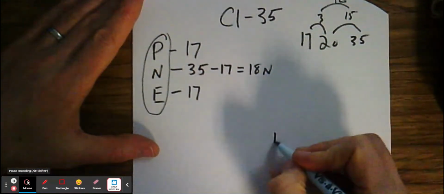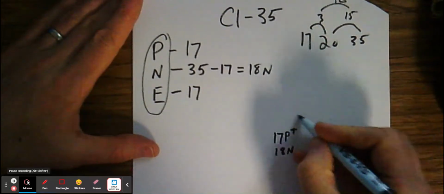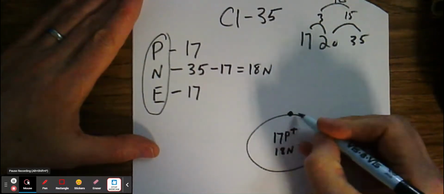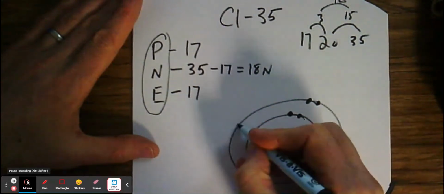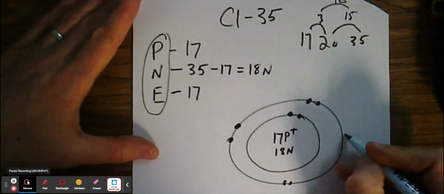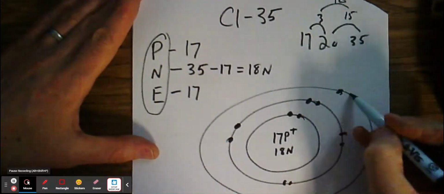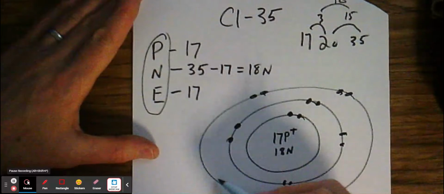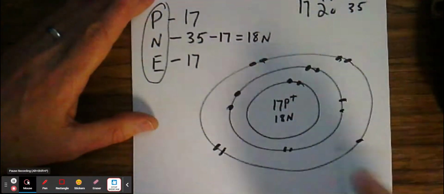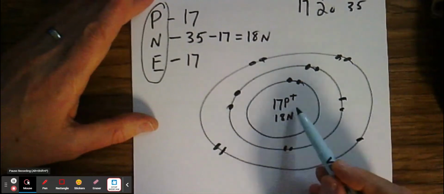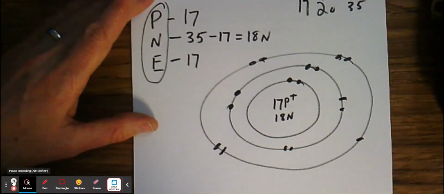So, 17p plus 18n. 1, 2, 3, 4, 5, 6, 7, 8, 9, 10, 11, 12, 13, 14, 15, 16, 17. That's it. All right? It's got 3 energy levels, 2 on the first, 8 on the second, and 7 on the last. And that's what it is.